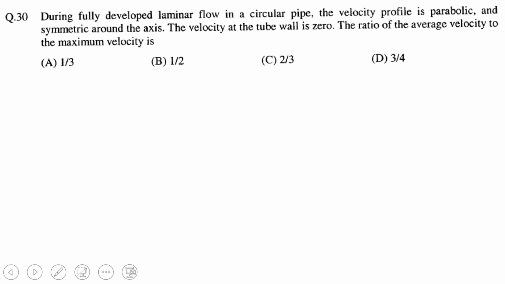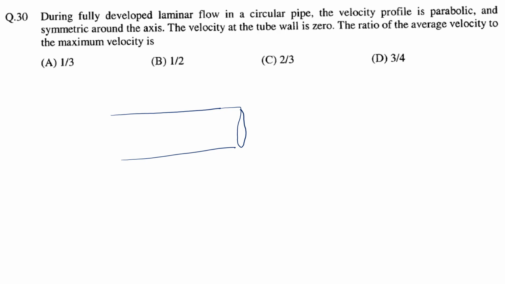During fully developed laminar flow in a circular pipe, the velocity profile is parabolic and symmetric around the axis. The velocity at the tube wall is 0. The ratio of the average velocity to the maximum velocity is, okay. Now suppose this is your pipe, or you consider it a tube. The velocity profile looks like this.